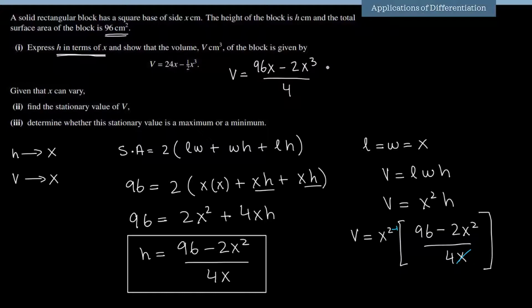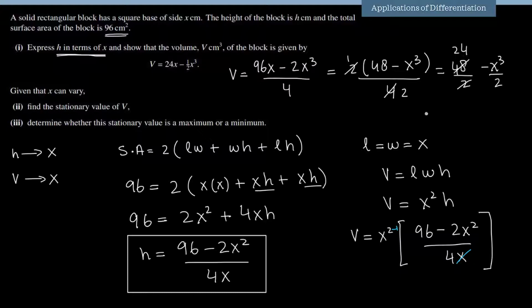In the numerator, if I take 2 common, I'll get 2 times (48x - x cubed) divided by 4. 2 times 2 is 4, and I can write this as 48x upon 2 minus x cubed upon 2. 48 divided by 2 can be written as 24. So volume is equal to 24x - 1/2 of x cubed. And this is what I needed to show over here.